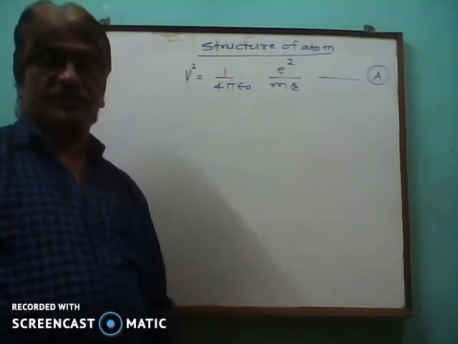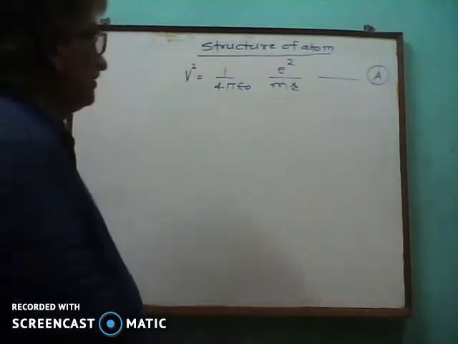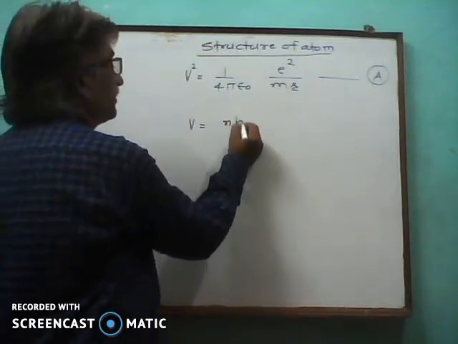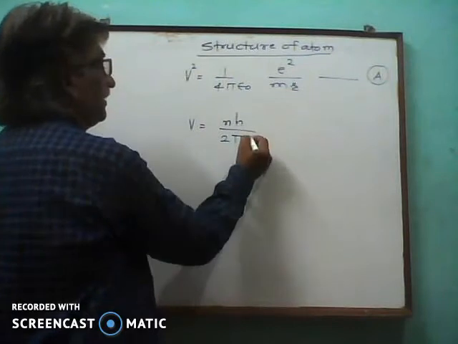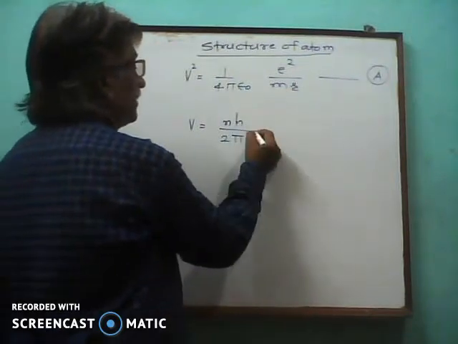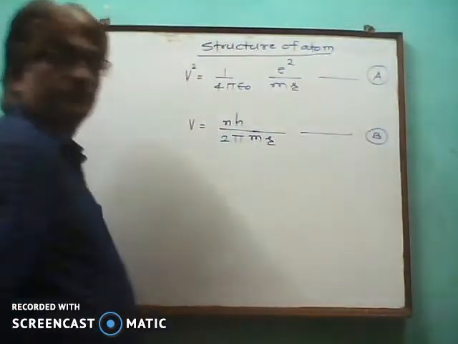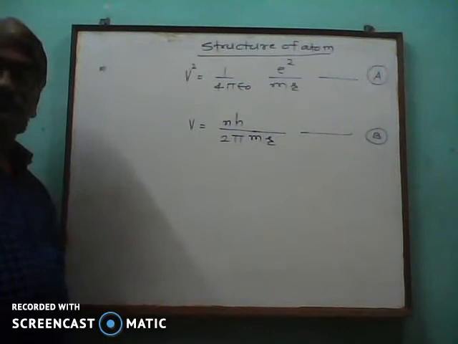of Bohr's theory, and from the second postulate another equation, v equal to nh upon 2 pi mr. This equation is equation number B, which is obtained from the second postulate.